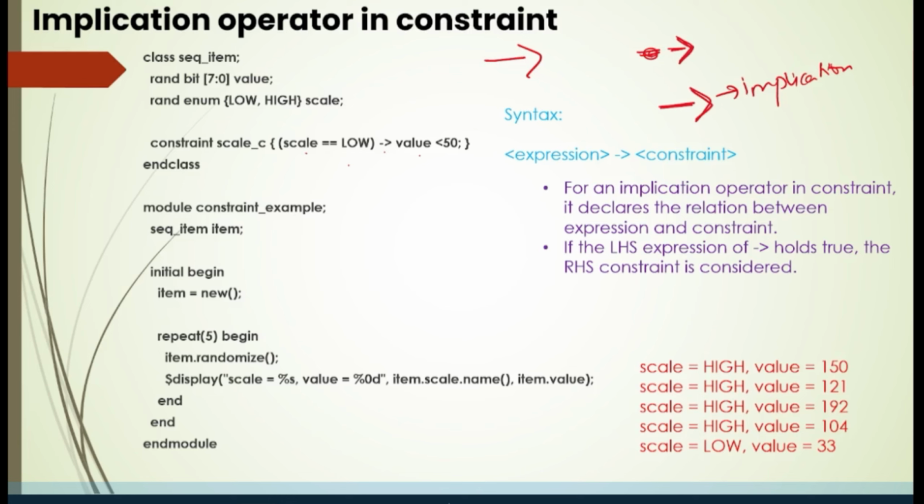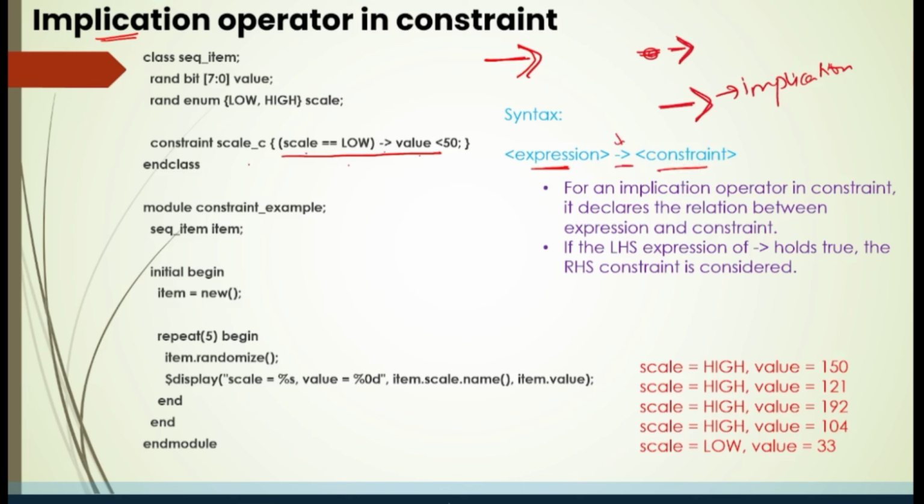Coming to today's session, which is the implication operator. We will be using this type of operator in our constraint, and it is denoted by an arrow symbol. This is how you write the implication operator. The syntax is expression, implication operator, constraint.